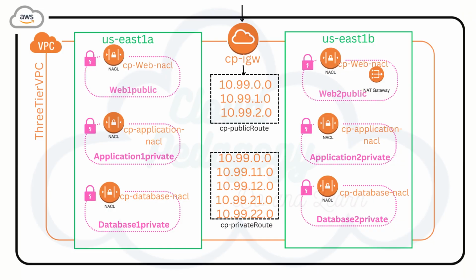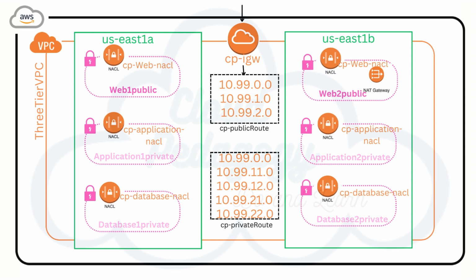We have created the web layers successfully. Now is the time to create subnets for the rest of the application and database layers. The only things that will have different values are the availability zone and the IPv4 CIDR block range.